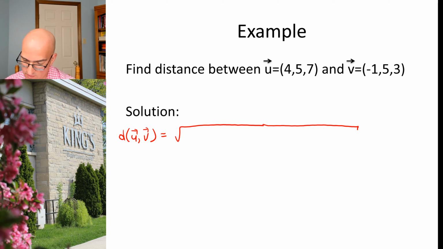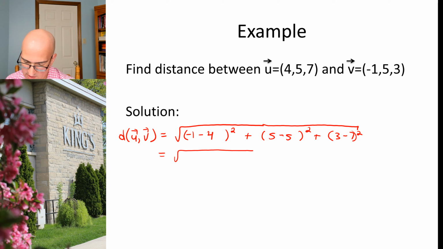So we'll have this part squared plus the next part squared plus the next part squared. Okay, so we'll have 4 minus, I said I was going to reverse it, so we'll reverse it: minus 1 minus 4, and then we have 5 minus 5, and then 3 minus 7.